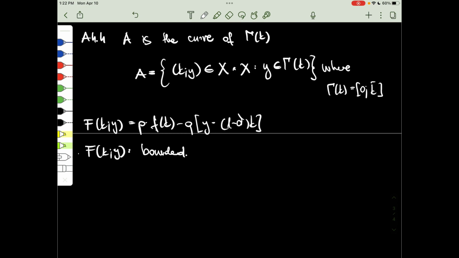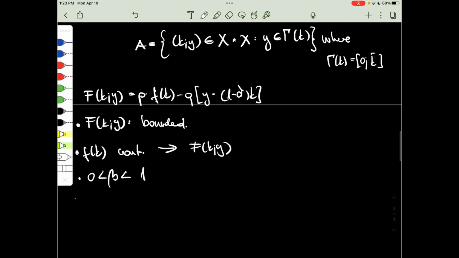As f, the production function, is continuous, it follows that the one period return function is also continuous, and it is true that beta, as the discount factor, comes from the open interval (0, 1).